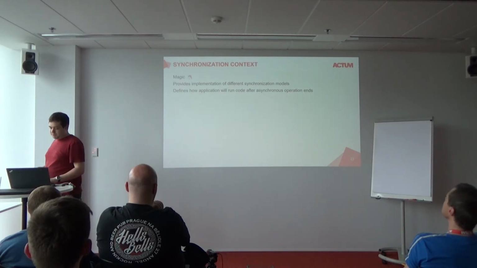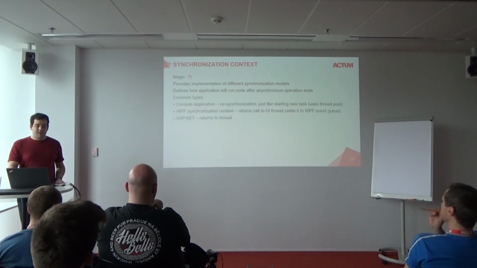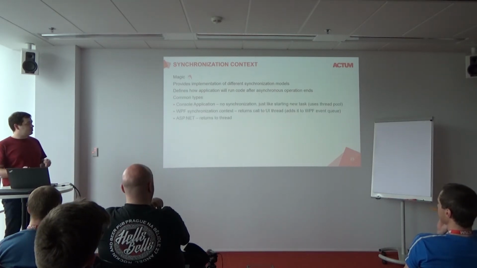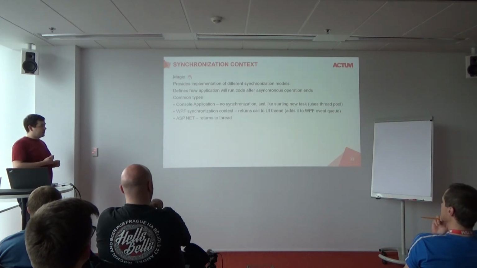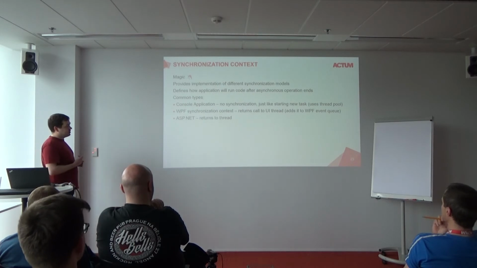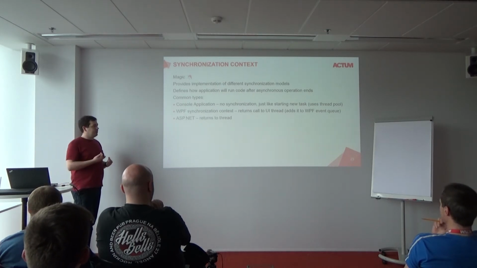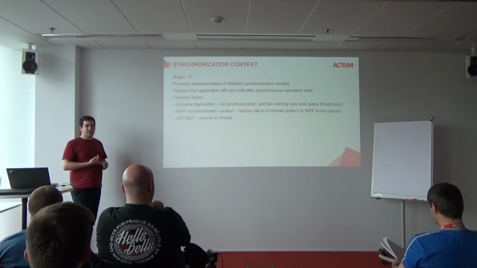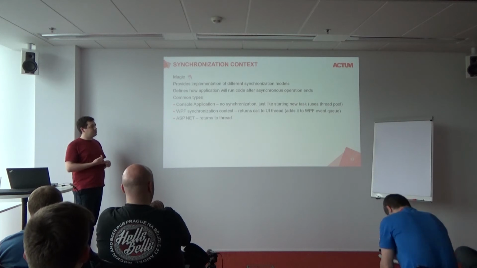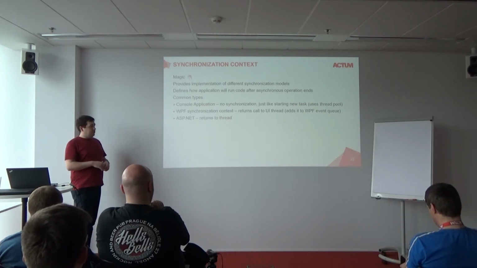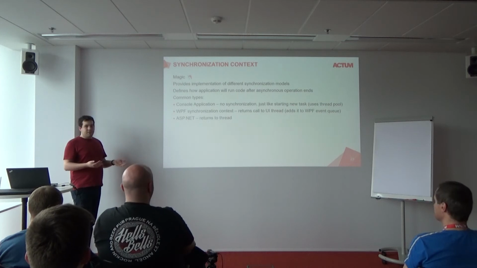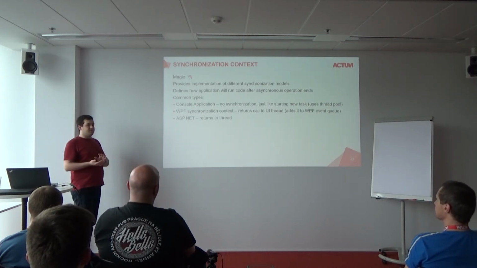So what are the types of synchronization context in .NET Framework? There are basically three. First one is no synchronization. That's default for console application and things like that. Because if you tell the task that it should do something after some asynchronous operation ends, it will just use a thread from the thread pool and execute your code in some new thread, which can be okay for console application.